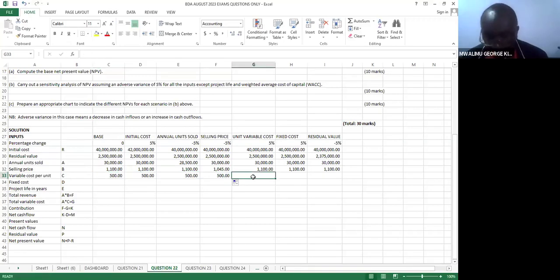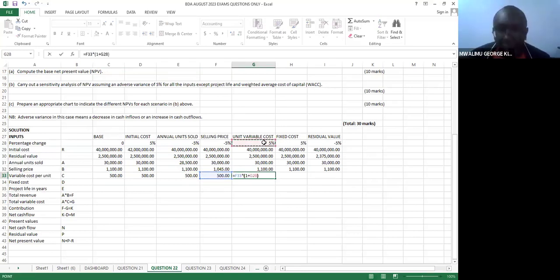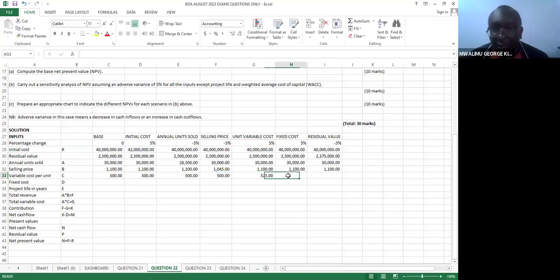Then when I come here, I say equals this one times, open the brackets, 1 plus this one, close the brackets, enter. And then when I come here, it's not changing, so it is equal to this, and I put F4 so that I'm able to copy here.